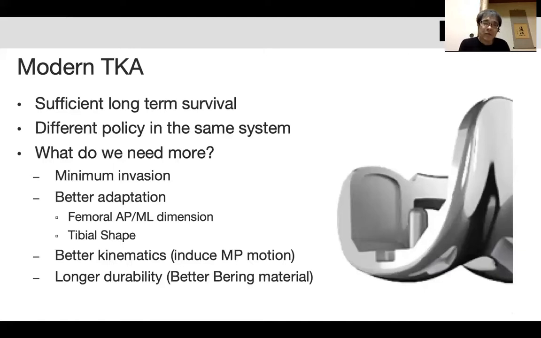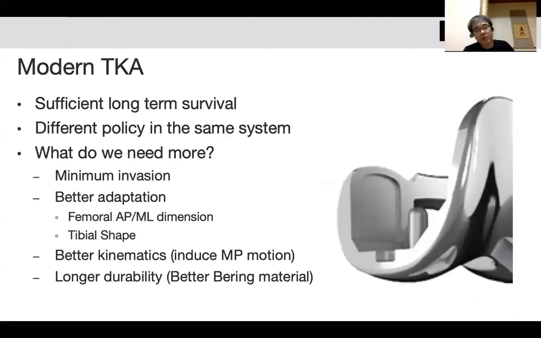So how to improve patient satisfaction? It is very well known that around 10 or 20% are unsatisfied after TKA. There are some reasons. One reason is sacrificing the ACL. After the ACL is cut, the patient has minor anterior instability or rotational instability.